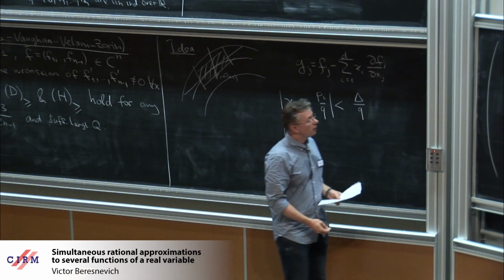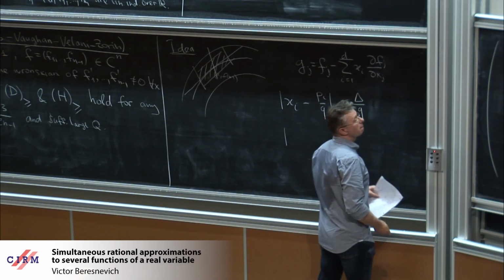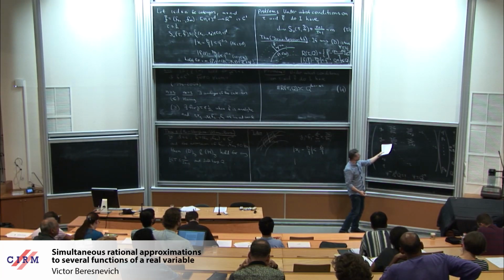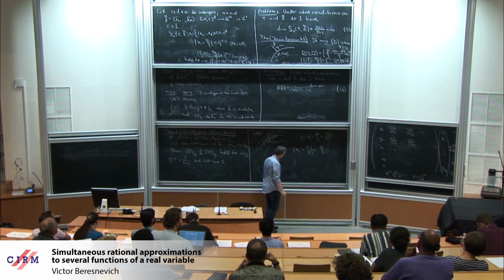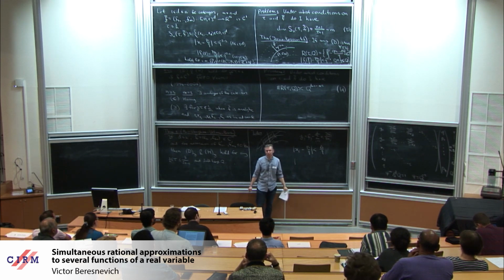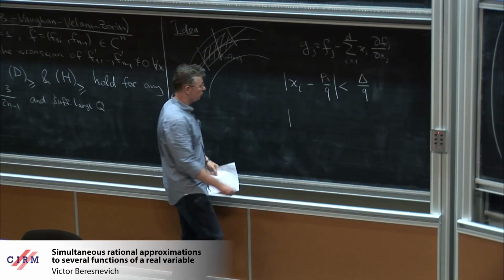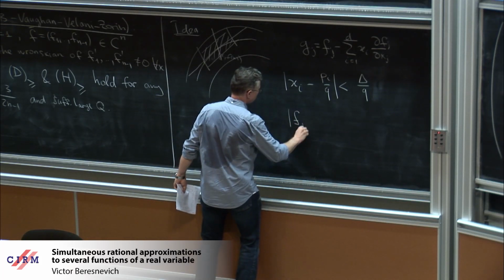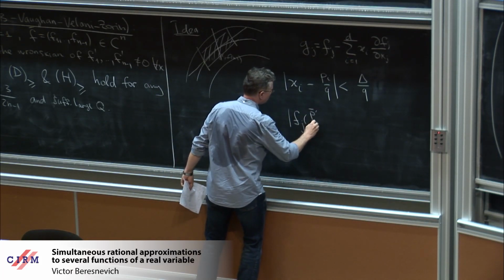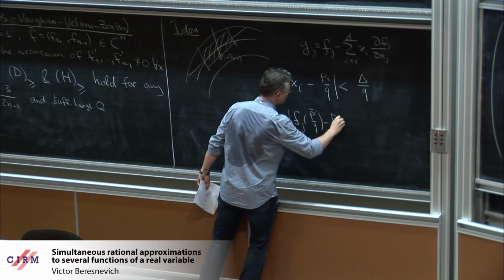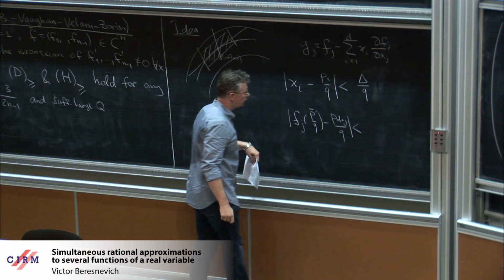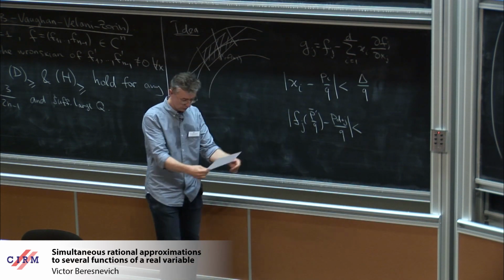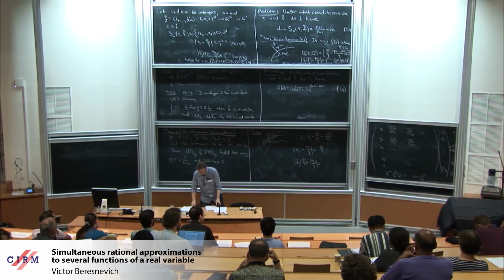When I look at the first m inequalities that arise from this system, just by using the mean value theorem, I can turn them into these inequalities. Let me read them.